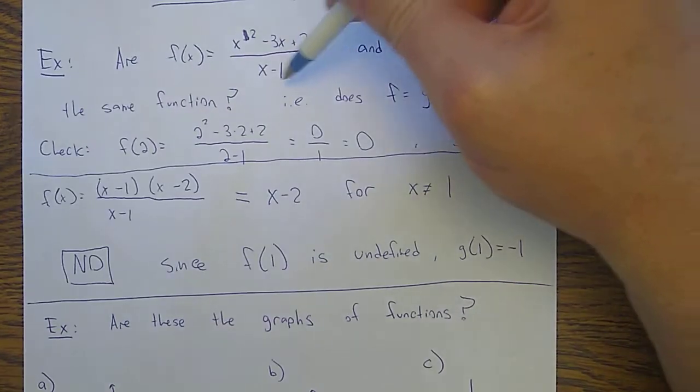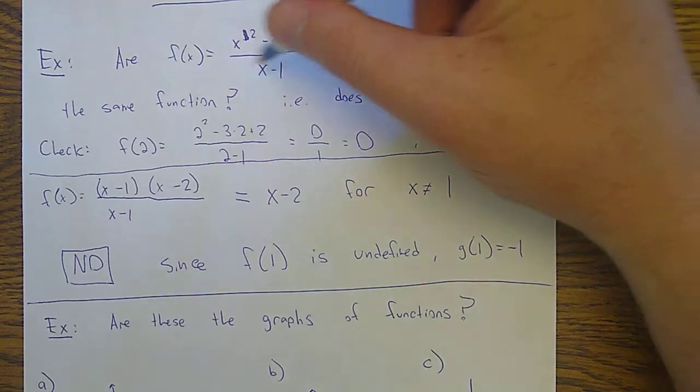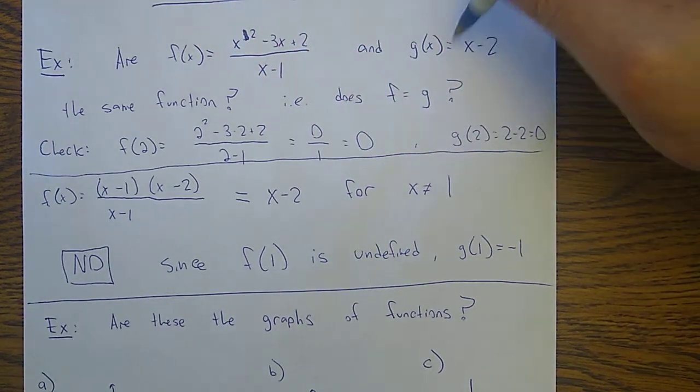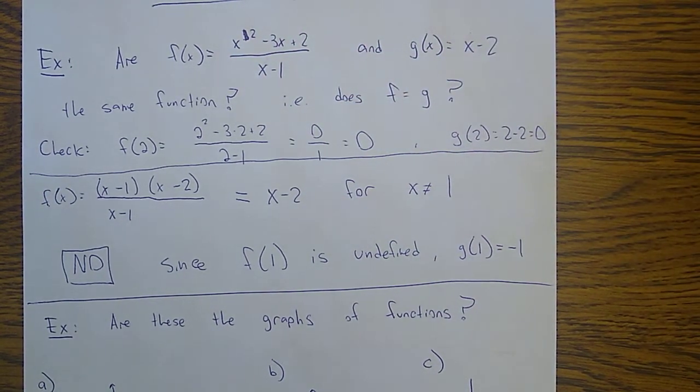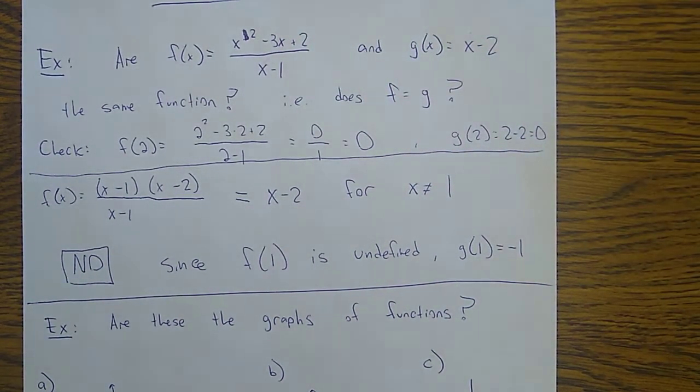You have two functions that are equal to each other almost all the time, except one of them might have a division by 0 issue going on. And that can make this function not equal to this function. Because if there's even a single value of x where one of these is undefined and the other one isn't, then they're not equal.